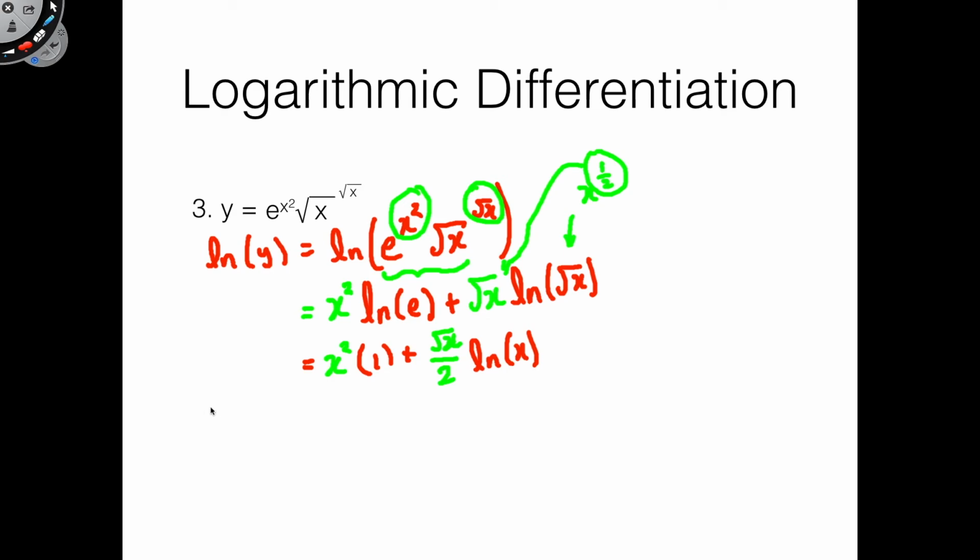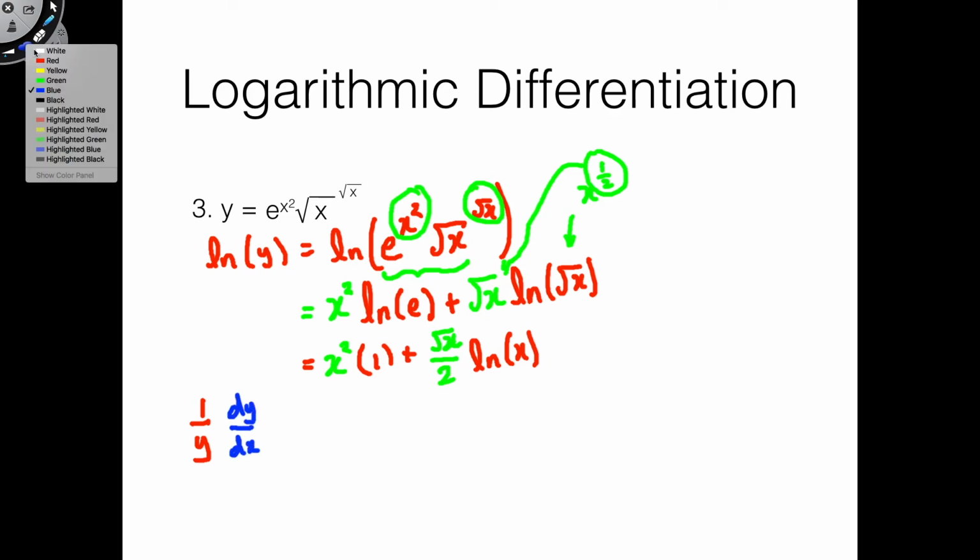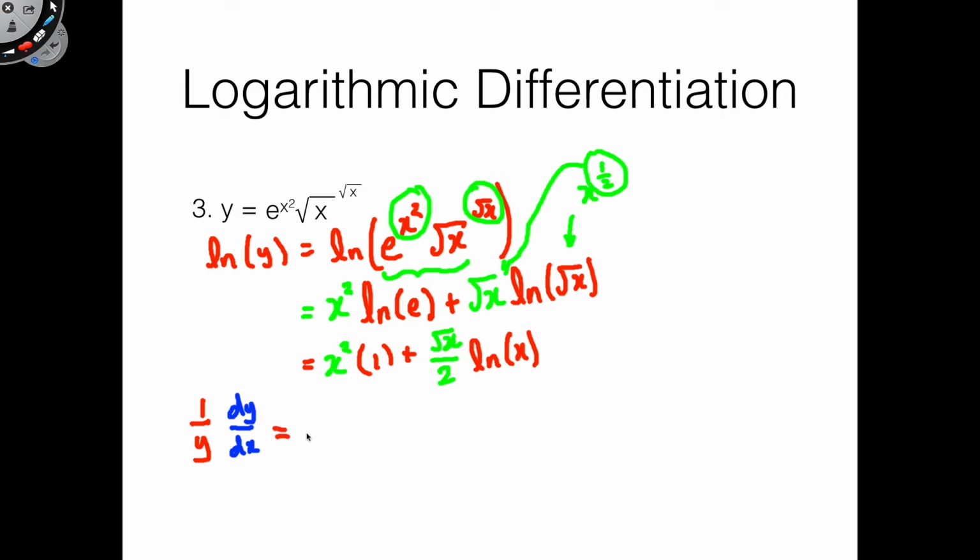Cool. So that's basically how we'd set this up. And now we just take our derivative. So this would be 1 over y dy dx. And now we'd have a 2x there, plus the derivative of root x is 1/2. If you're just using power rule, that would be 1/2 x to the negative 1/2, or 1 over 2 root x.